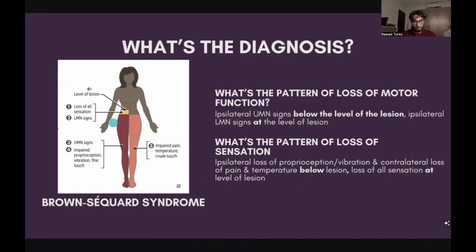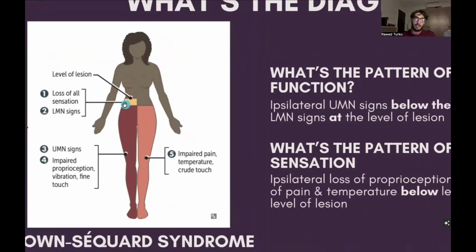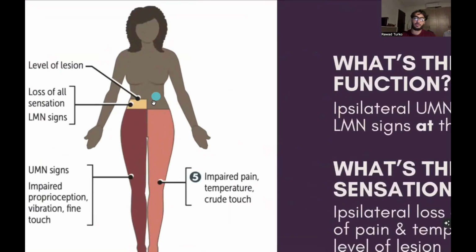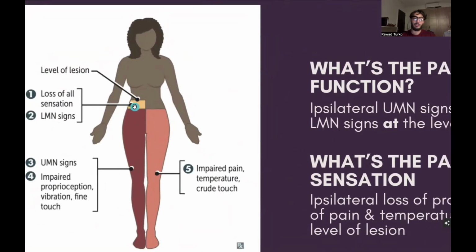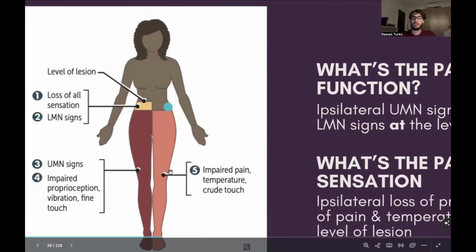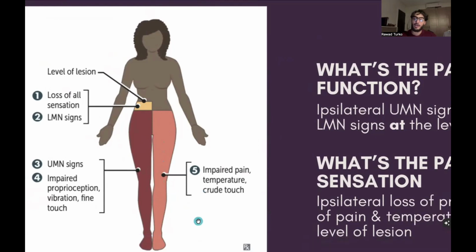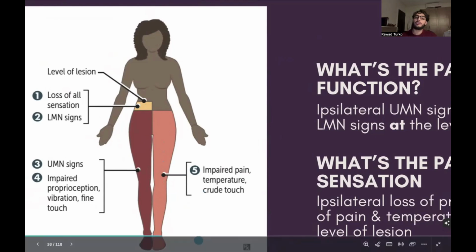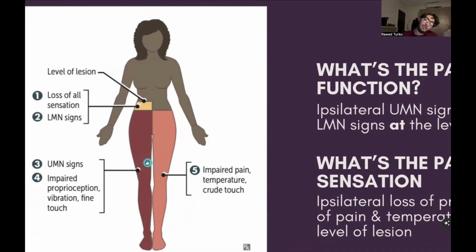Okay. And this is a picture so that you can actually tell what's going on. Say this is the level of the lesion right here, on the right side of the body. Then contralateral to it, you're going to have impaired pain, temperature, and crude touch. Because imagine you have a nerve carrying information from this leg, for the spinothalamic tract. It's going to enter the spinal cord, continue up, and then cross over.